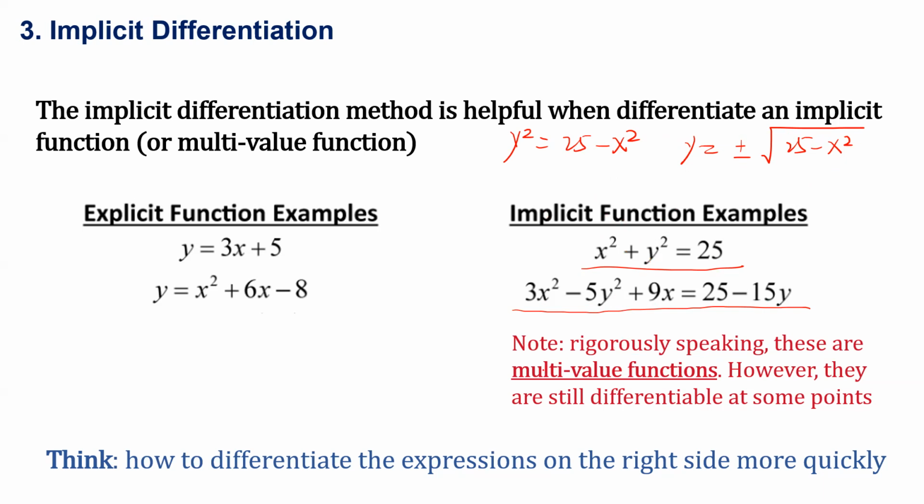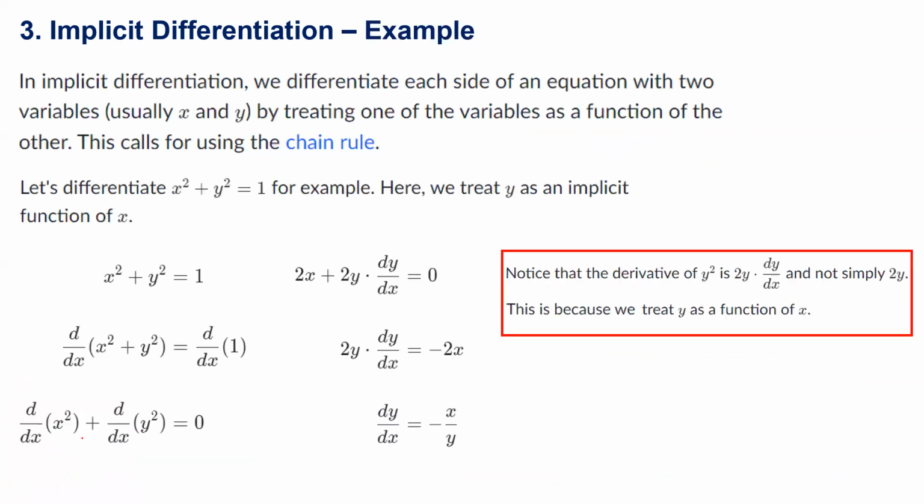So the problem is how to differentiate expressions like these more quickly. Then we can actually use the implicit differentiation method. Next, let's have a look at the method in detail.